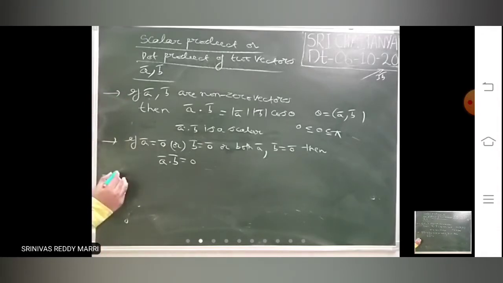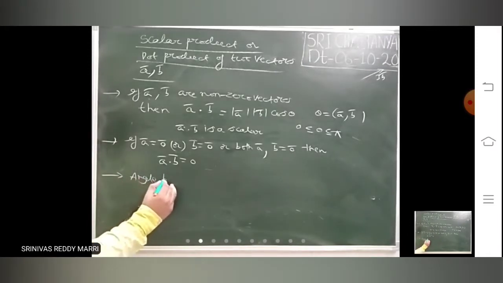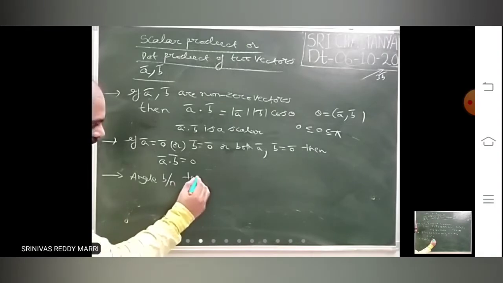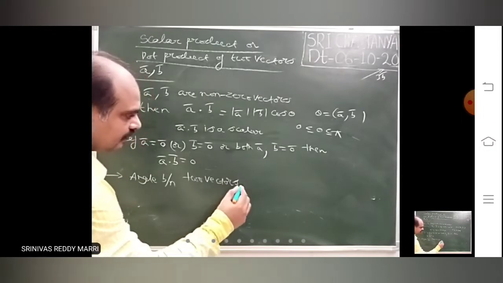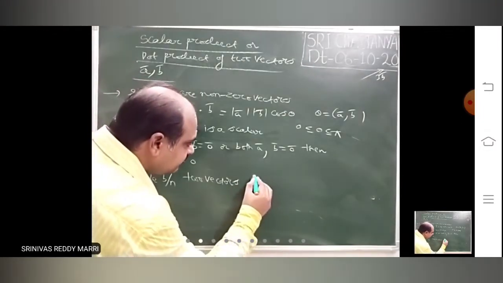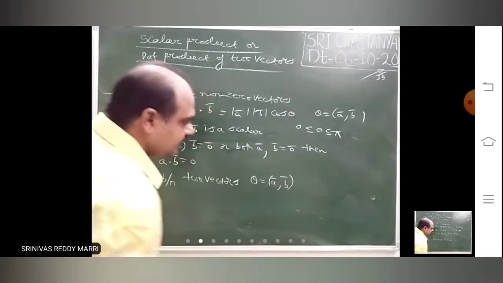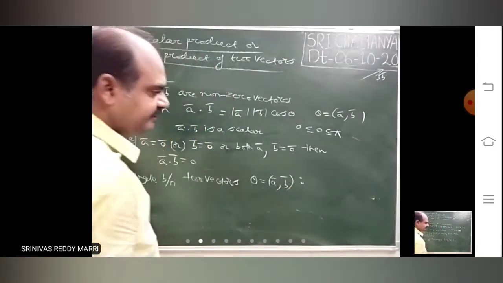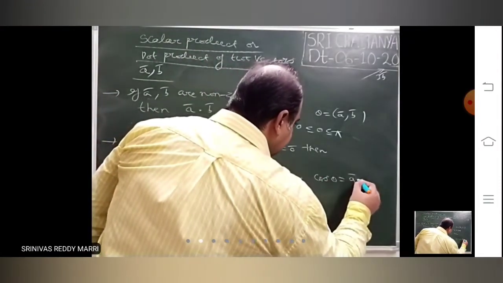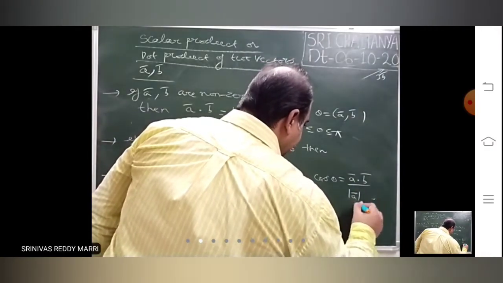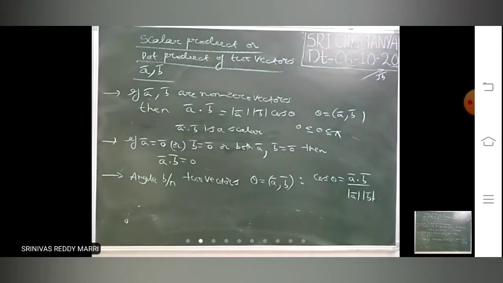Yes. So now, the angle between two vectors. How to calculate the angle between two vectors, theta, between a bar and b bar? The angle can be calculated using the formula cos theta equal to a bar dot b bar divided by modulus a bar into modulus b bar.